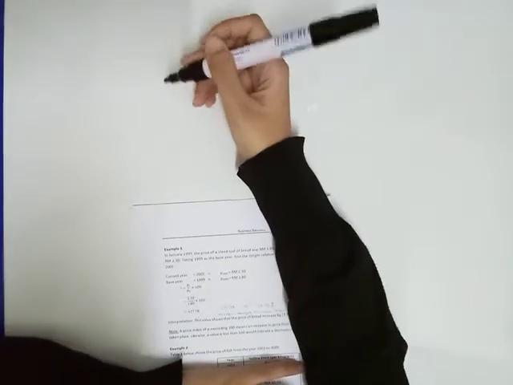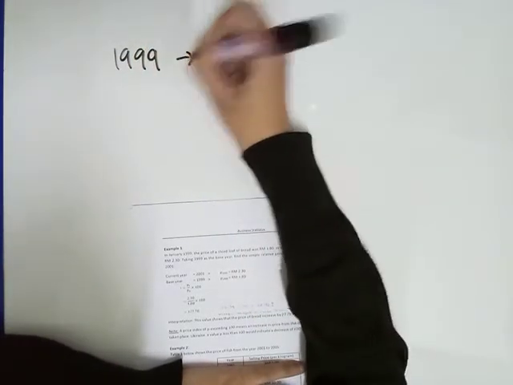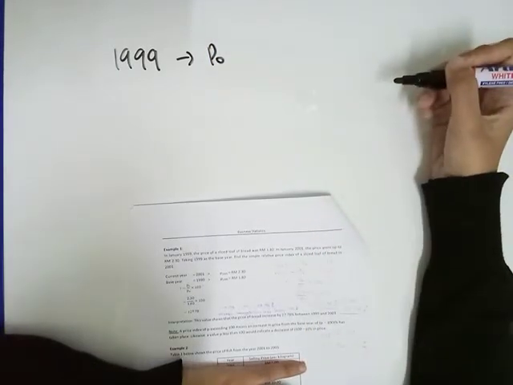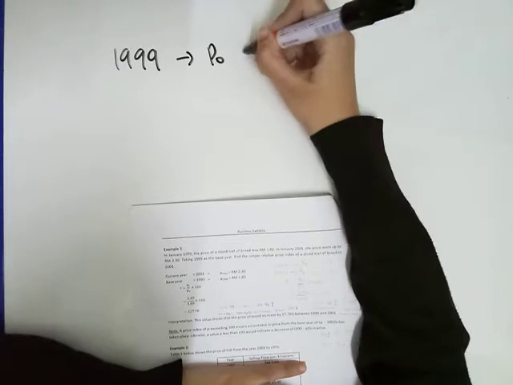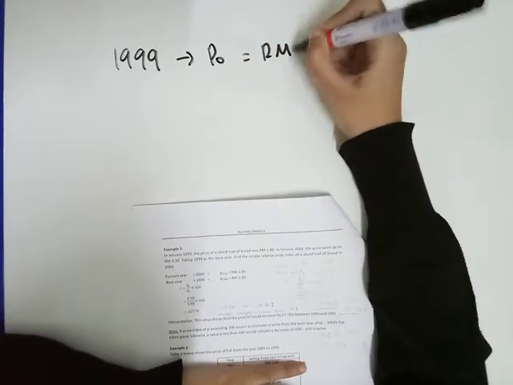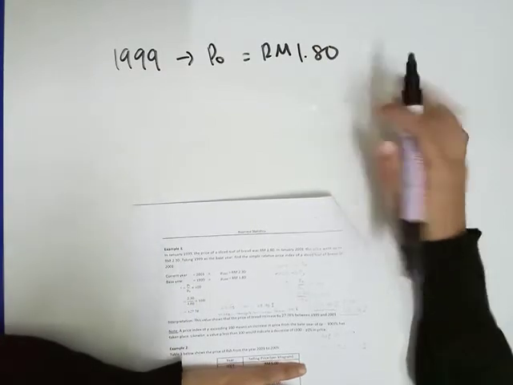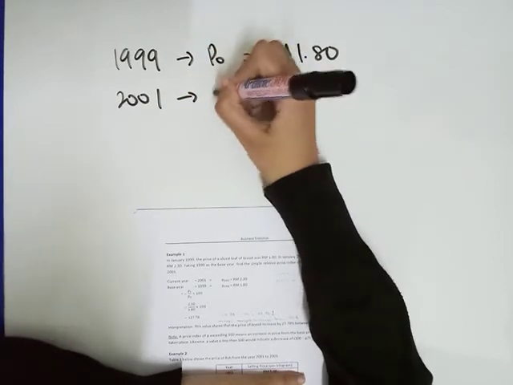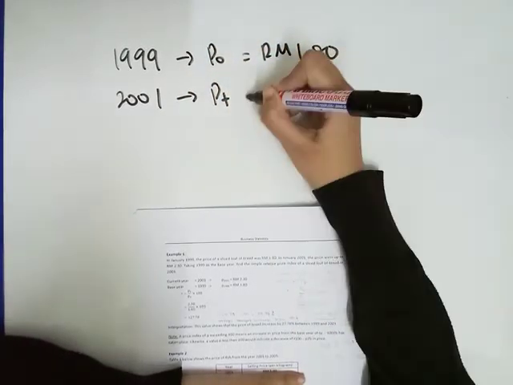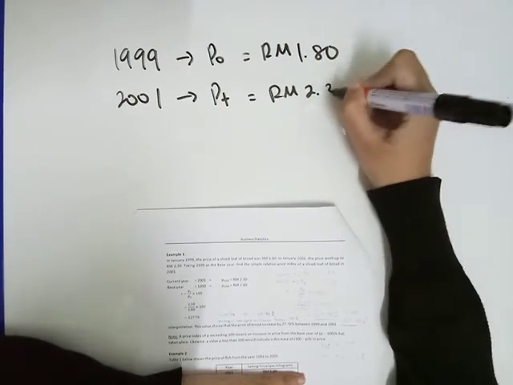From the question, it tells us that 1999 is the base year. It means it is P naught. And the RM for the base year is RM1.80. Then for 2001, it is the current year. It means Pt, and the RM is RM2.30.